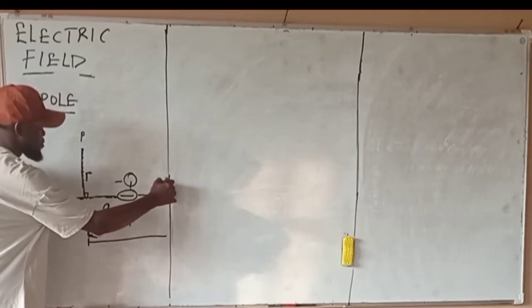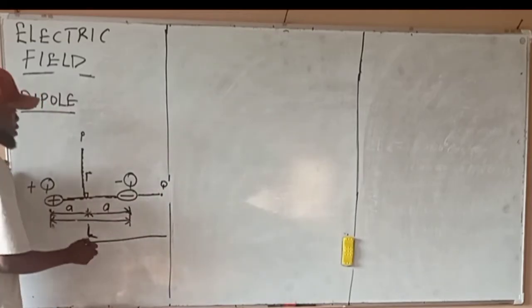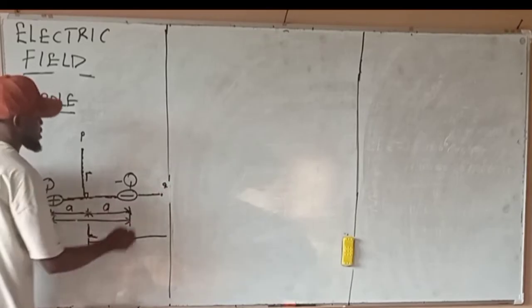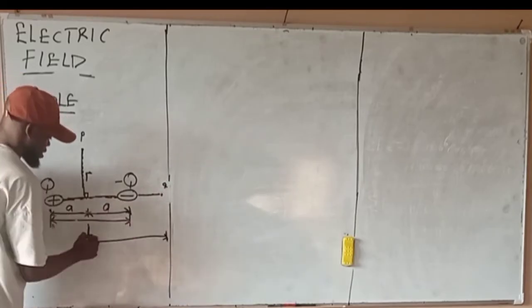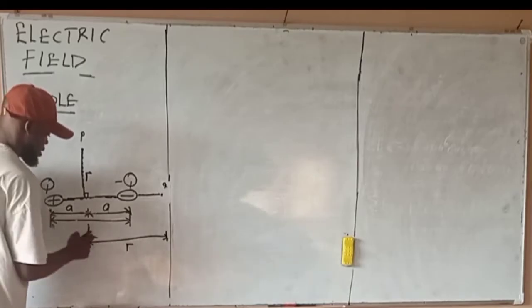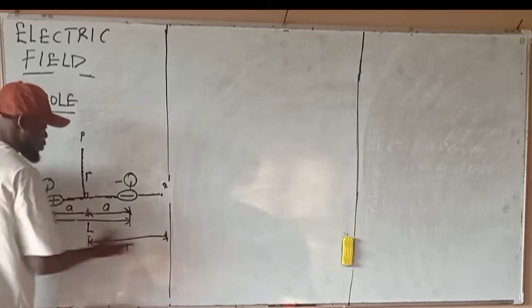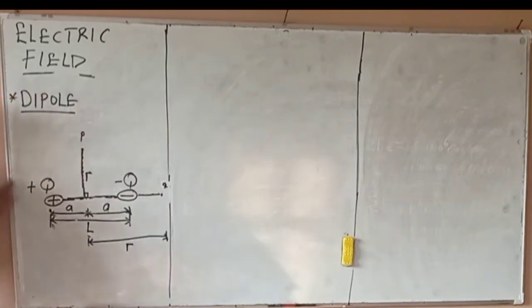Let me call this one Q, small letter q. This is r. This is the prolonged or parallel distance to the midpoint of the dipole, while the other is the perpendicular distance to the midpoint of the dipole.